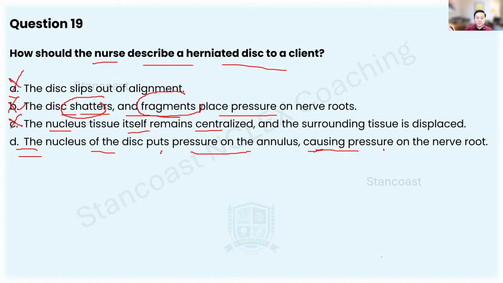It can lead to control problems in the bowel and bladder pattern, especially with the L4, L5 level. Yeah, so those are the more severe forms of the herniated disc. Okay, guys, our answer here is letter D, just to emphasize that.